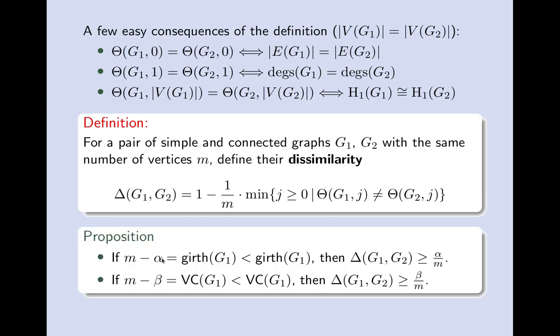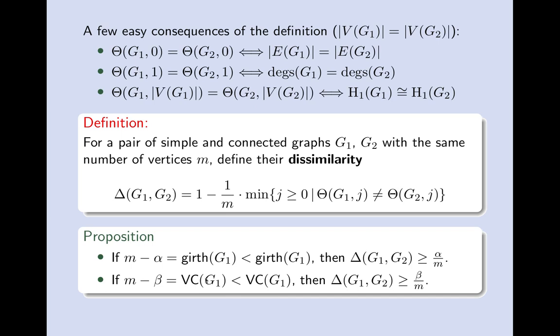In particular, we can give some lower bounds on the dissimilarity in terms of some intrinsic data on the graph. So here we can give a lower bound in terms of the girth of the two graphs. Sorry, here it should be G1 and G2, and in terms of the vertex cover number of the graphs.